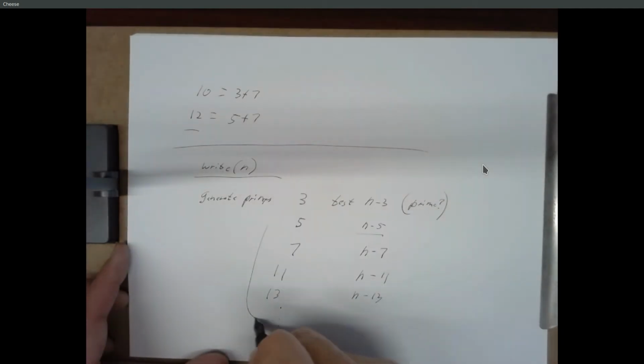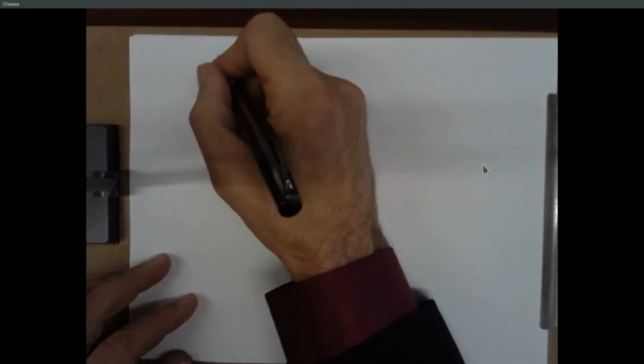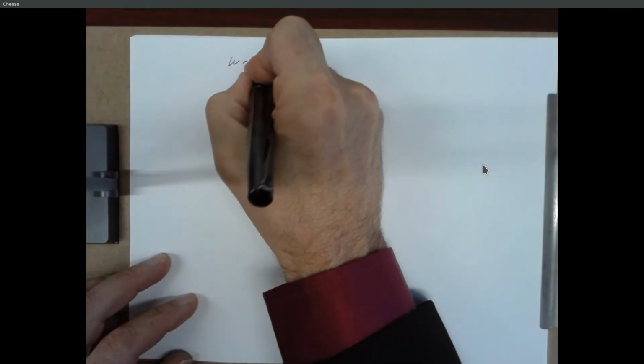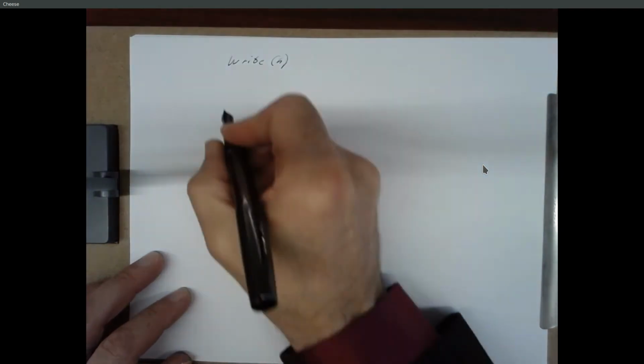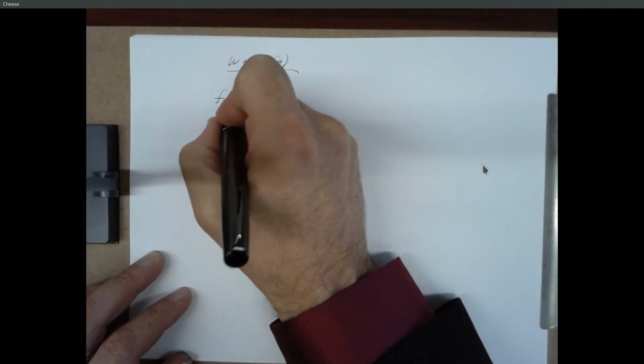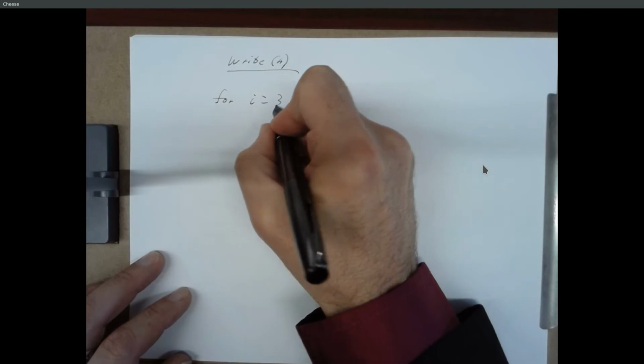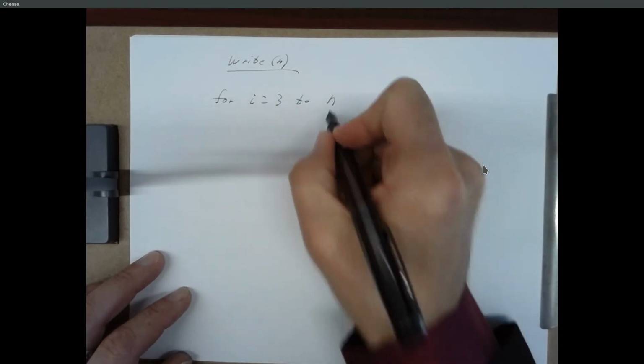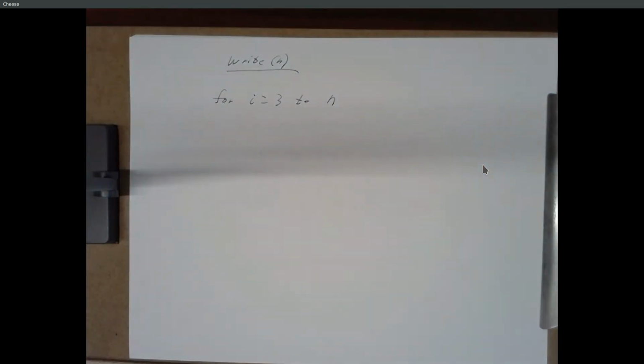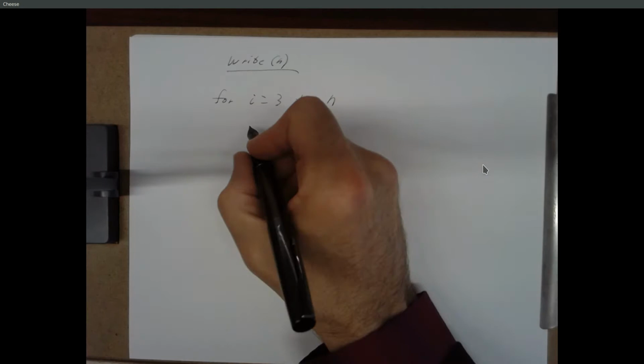And how do we generate these primes? Well, we can do that with another loop. So let's do something like this. I don't know, let's just go from I equals 3 to n. We know we're going to find a solution before too long, so let's just run I from 3 to n.